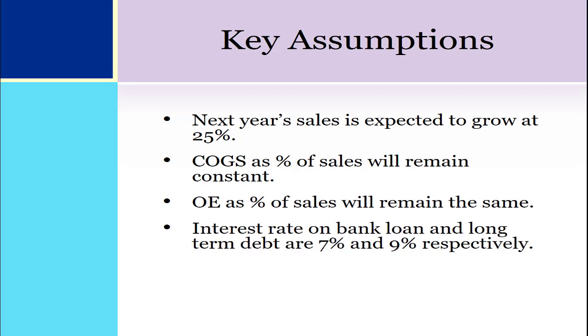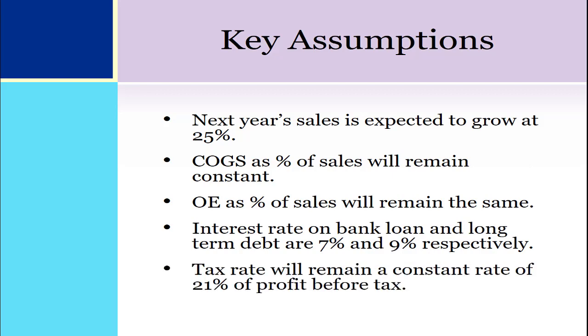The next assumption is interest on the short-term loan and long-term debt are 7% and 9% respectively. And the final assumption is the tax rate will remain a constant 21% of the profit before tax. Once we make all these assumptions, we are ready to forecast the income statement.